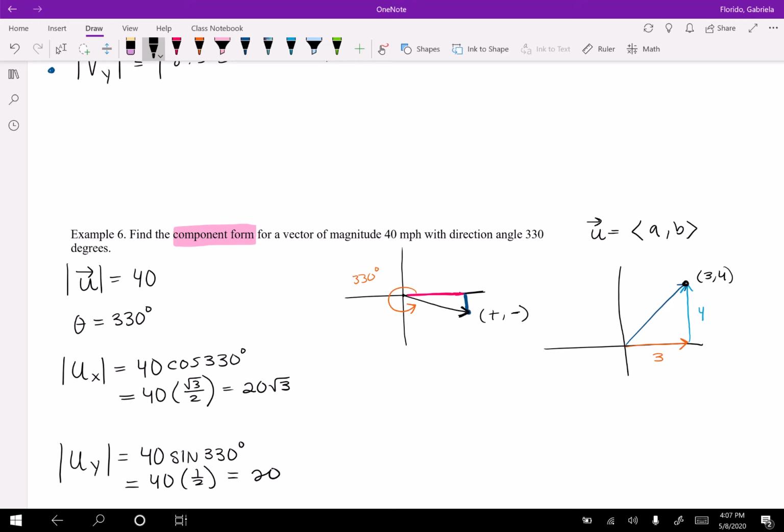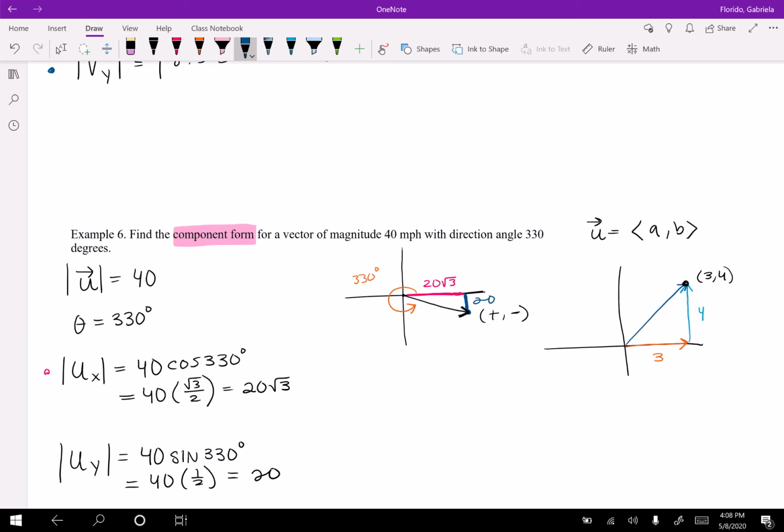So again, this is telling us that the length of this horizontal vector here, in pink, is 20 square root of 3. Now the length of the vertical component here is 20.